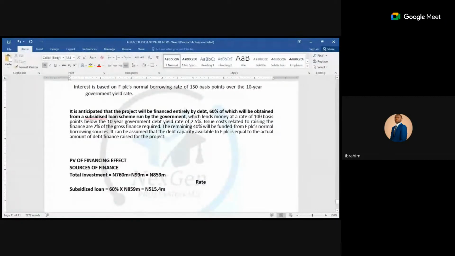We were told that part of it will be obtained from a subsidized loan scheme run by the government, which lends money at a basis point of 100, 100 basis points below the government yield of 2.5%, below it.